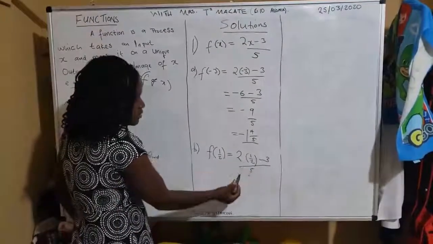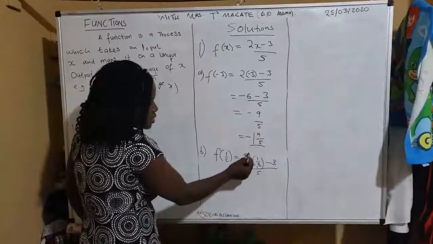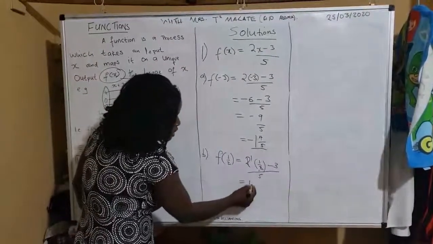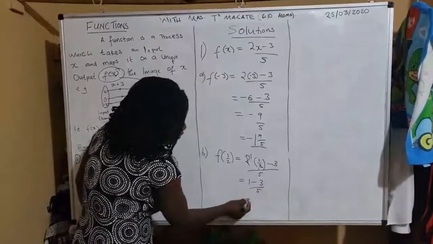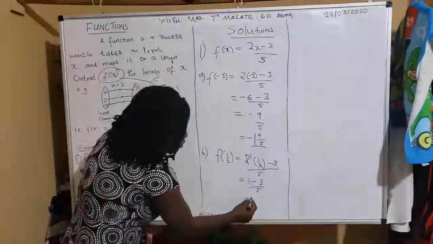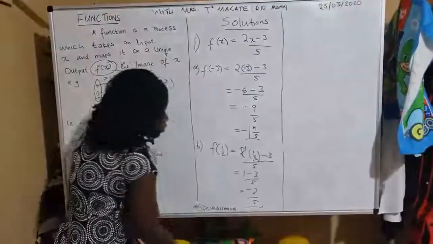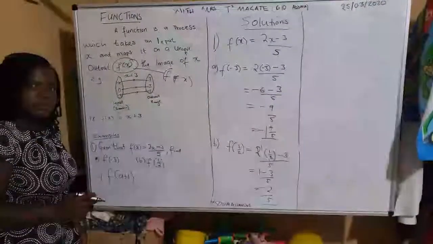Here we can simplify, because 2 goes in there 1 and 2 goes in there 1. So 1 times 1 is just 1, 1 - 3 over 5, and 1 - 3 is -2. Over 5. That's our f(1/2).